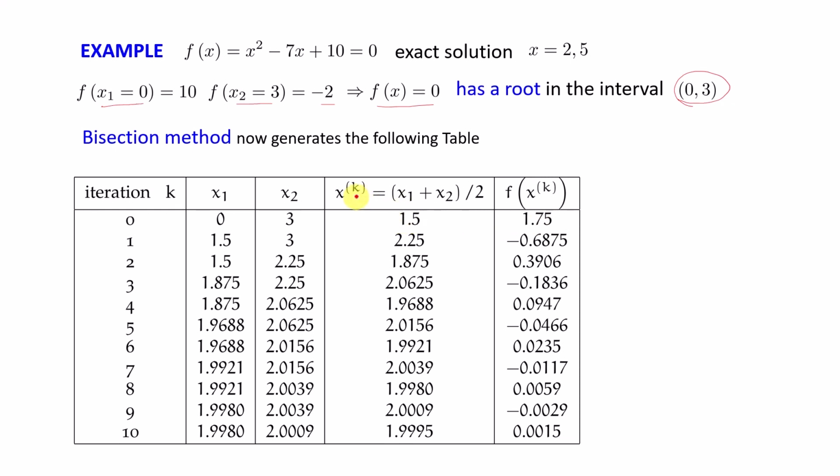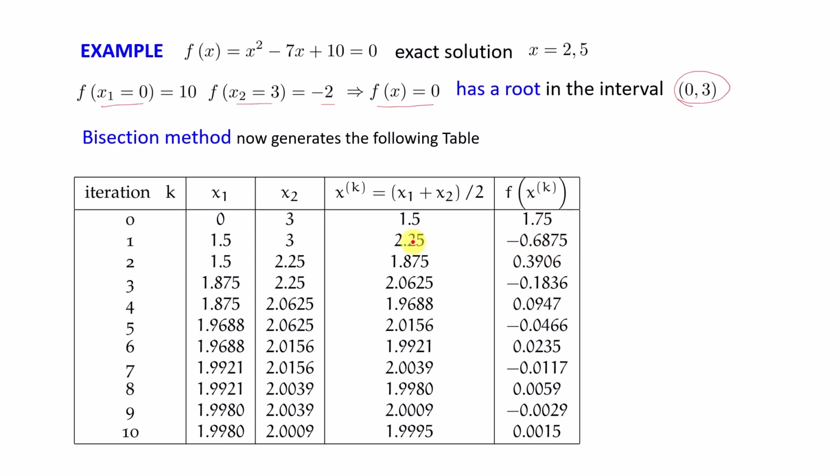So now with this x, I update x1, and my x2 remains the same. So my new x comes to 1.5 plus 3 divided by 2, that is 2.25, and f of x comes to minus 0.6875. You can see that earlier it was 1.75, now it is 0.6875, so it is coming down.